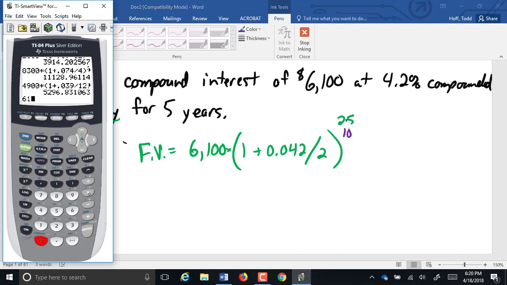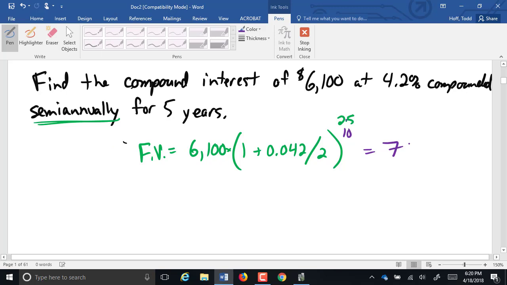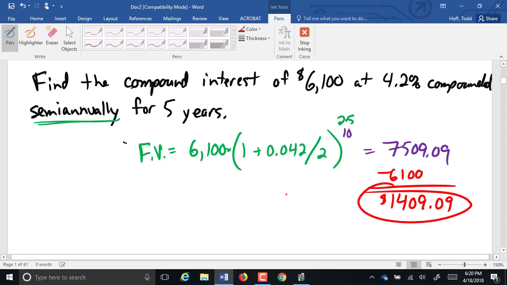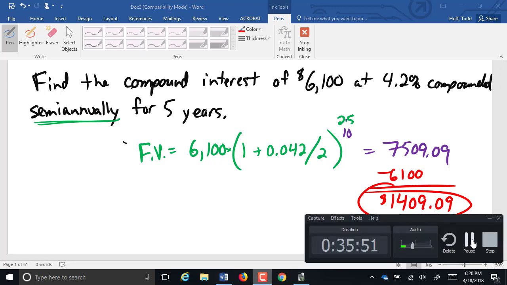So 6,100 times, parentheses, 1 plus 0.042 divided by 2, close parentheses, power of 10, 7509.09. So then for the interest, I'm going to subtract the 6,100, which is going to give us $1,409.09 is the interest. It is break time, so let's take 10 and we'll come back at 6:30.